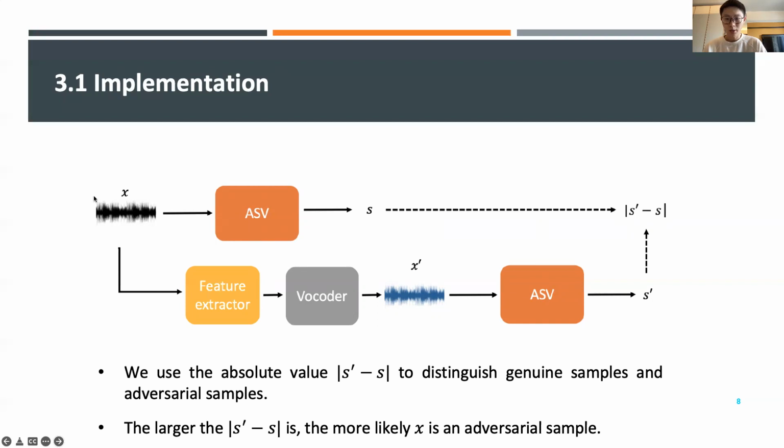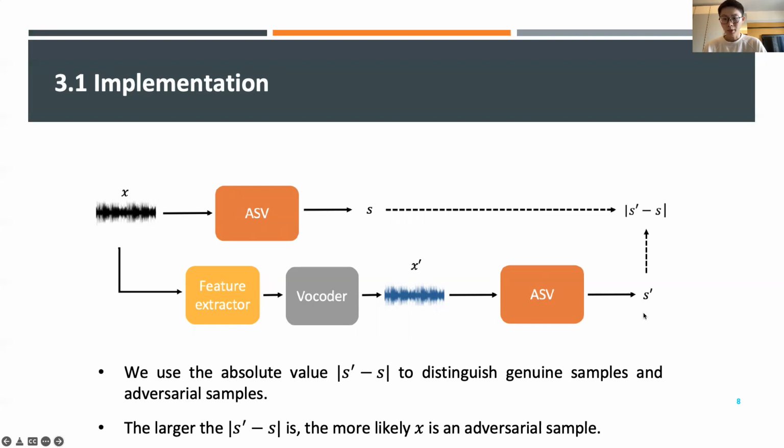If X is a genuine sample, the vocoder will do nearly lossless reconstruction. S prime is very similar to S, and we will show the phenomenon in the experiments. But for the adversarial sample, the vocoder will try to purify the adversarial sample.